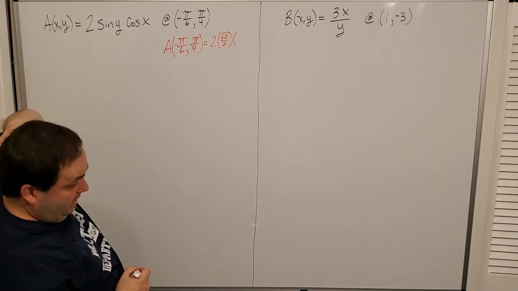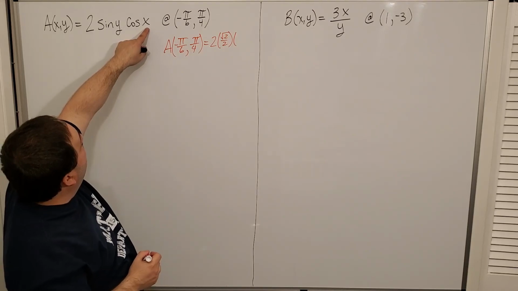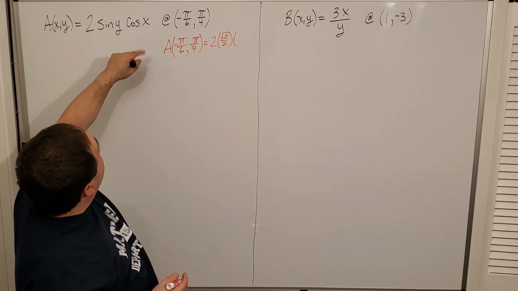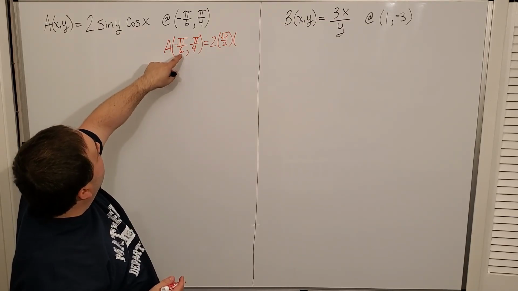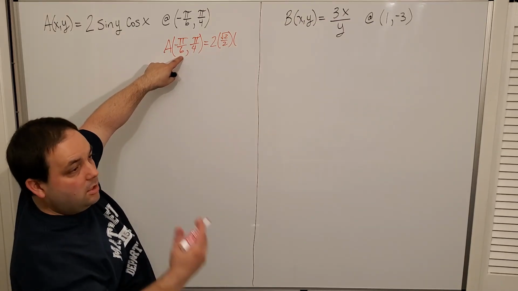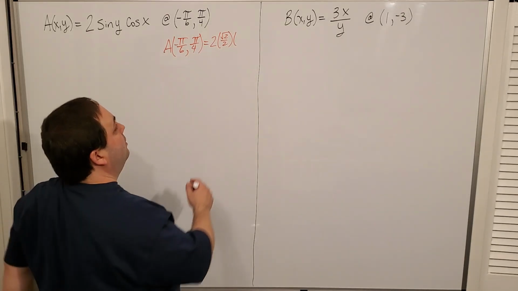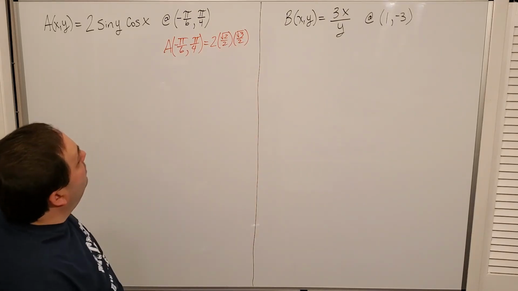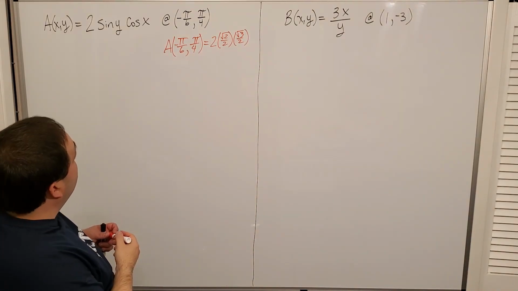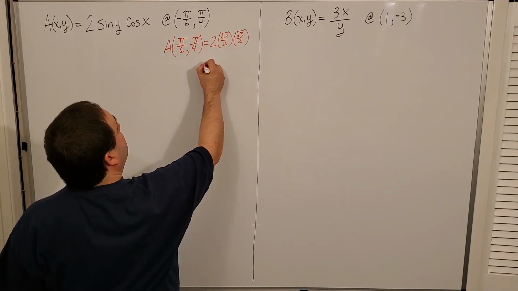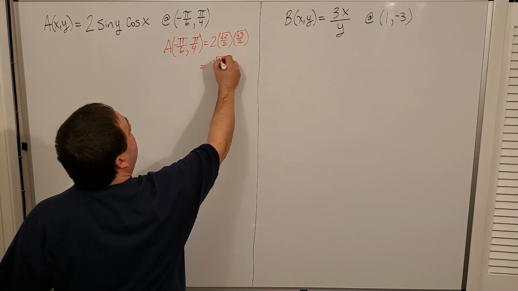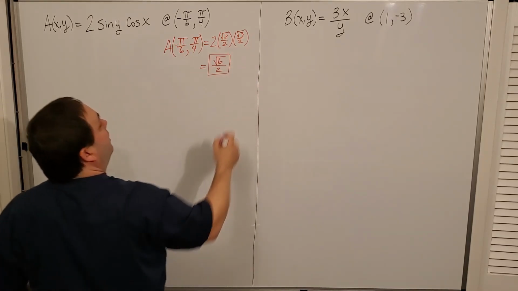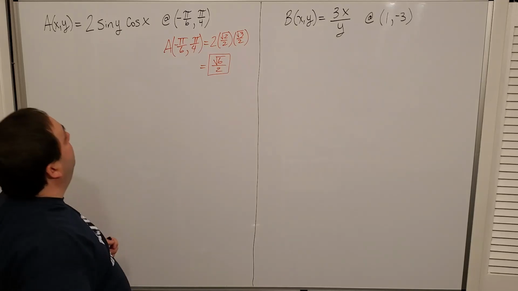That puts it in the fourth quadrant for x, but cosine of a negative is a positive anyway. Cosine of pi over 6 is cosine of 30, so that's square root of 3 over 2. Okay, so then my z value is going to be square root of 6 over 2. Got my z value.